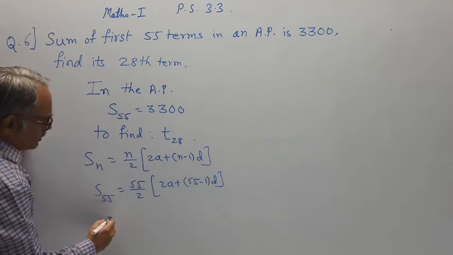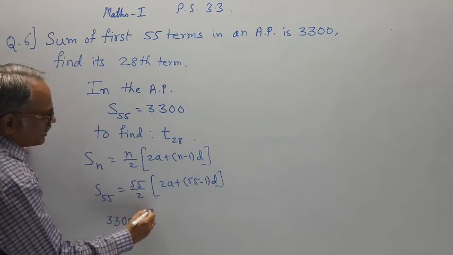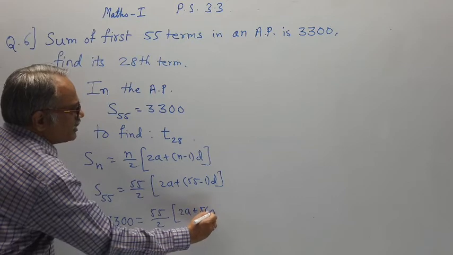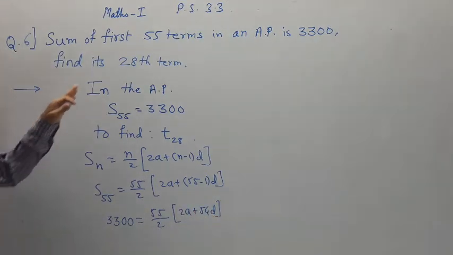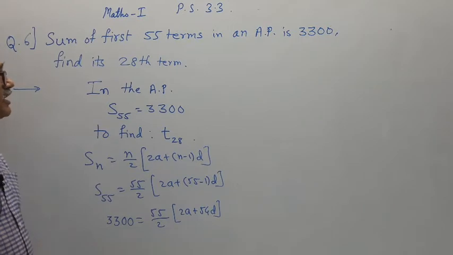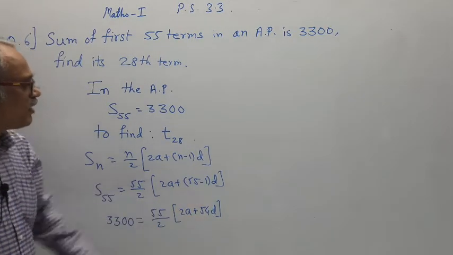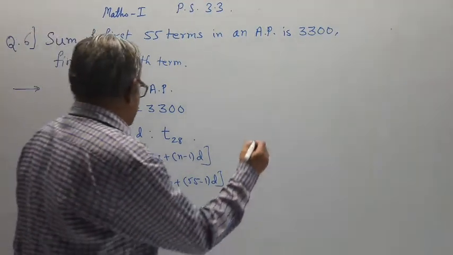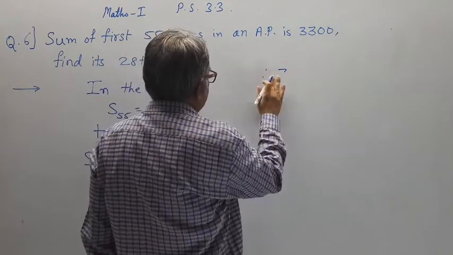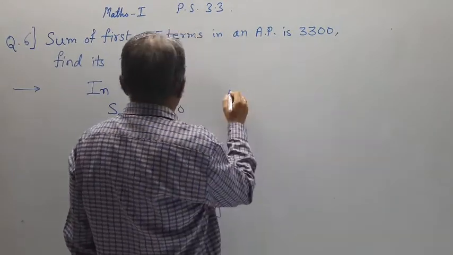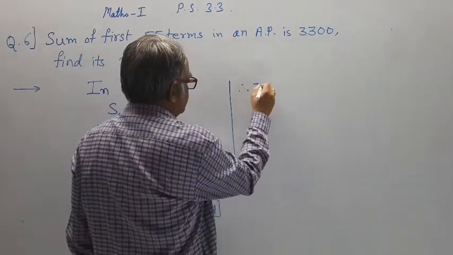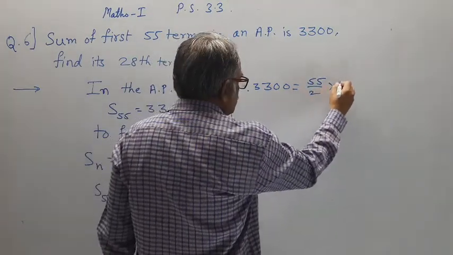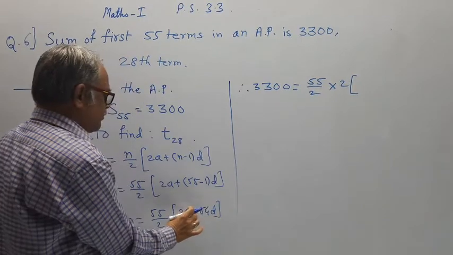S55 value is given, so substitute that. 3300 is 55 upon 2 bracket 2a plus 54d. We want T28, means a plus 27d, 28 minus 1. Here you have to take 2 common. Then whatever is remaining is a plus 27d, and directly we will get the answer. And therefore 3300 is equal to 55 upon 2 into 2 common from 2a plus 54d, both even terms.